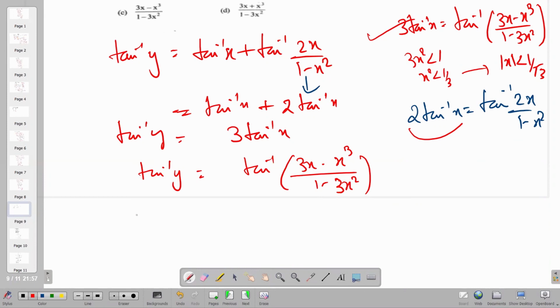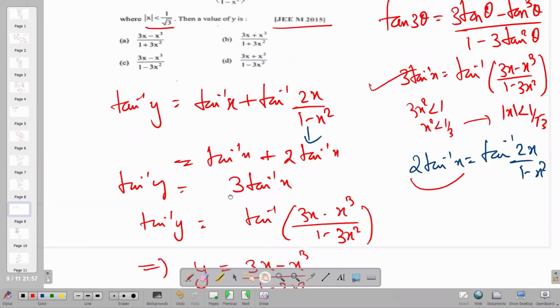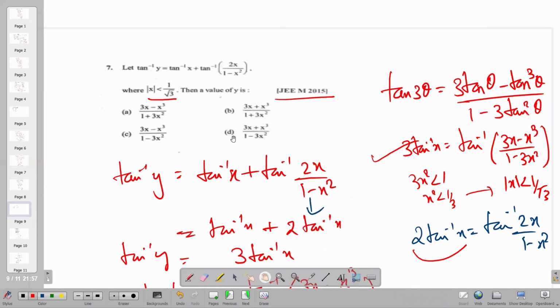Further, what I get, y is equal to 3x minus x cube upon 1 minus 3x square. So my desired answer, the correct option, is option C. That is 3x minus x cube upon 1 minus 3x square. So y is this.